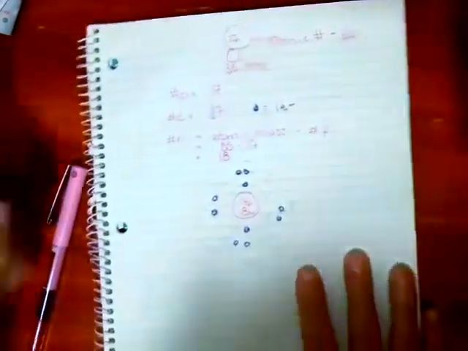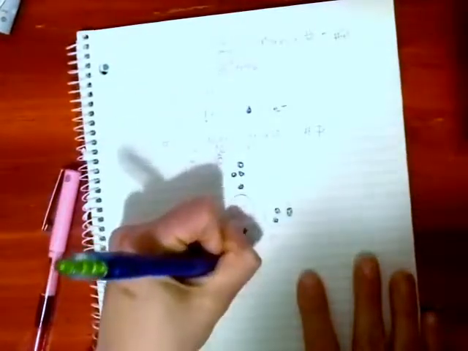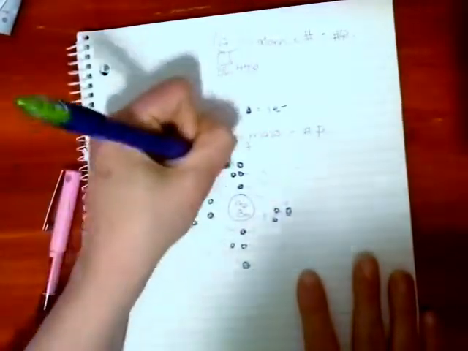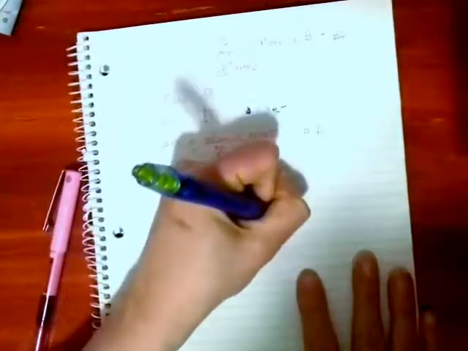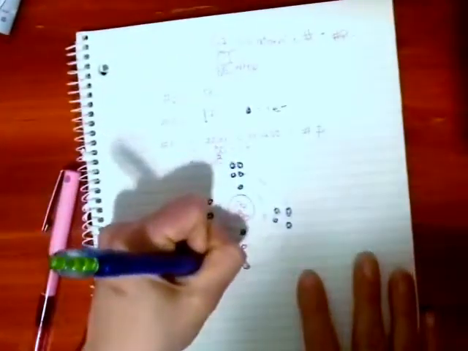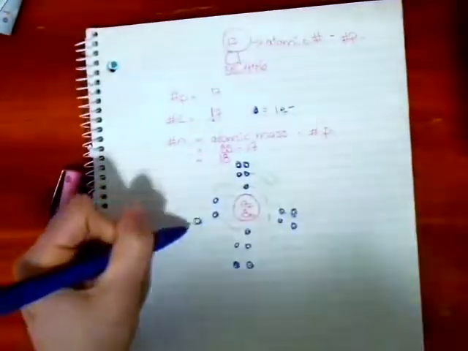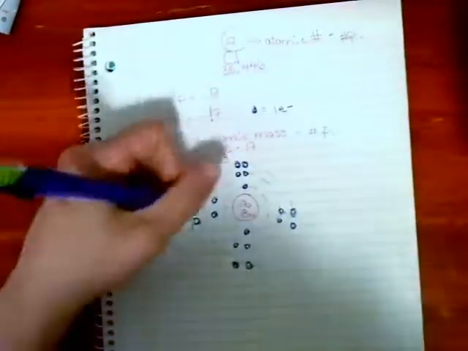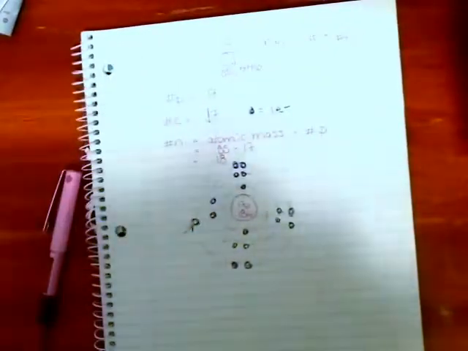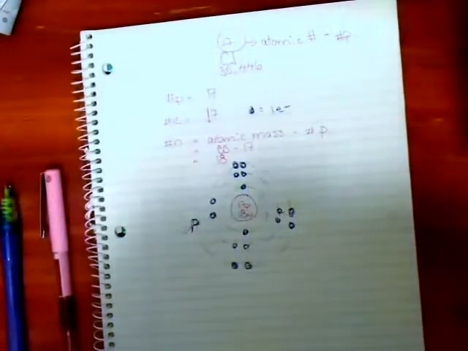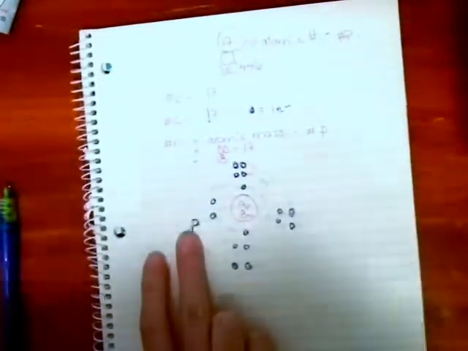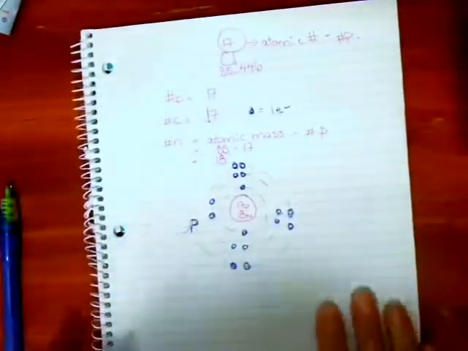Okay, and so I go 1, 2, 3, 4, 5, 6, 7, okay? And this electron here does not have a partner, okay? So this orbital is not completely full. And when we talk about ions, we're going to talk about what happens with this.